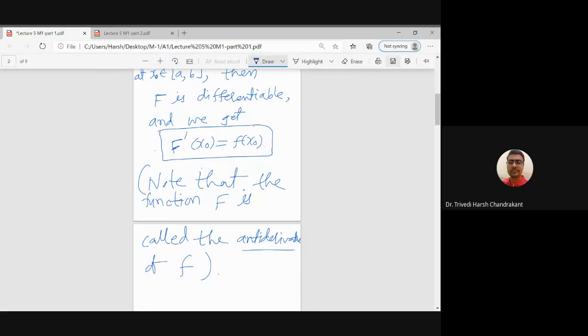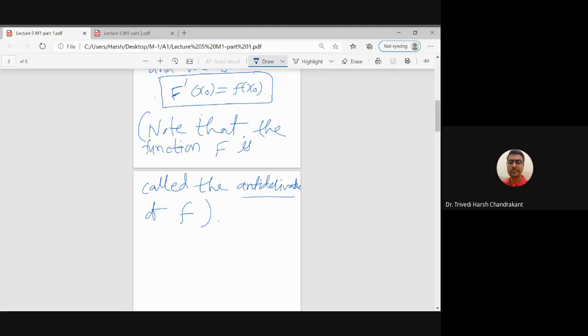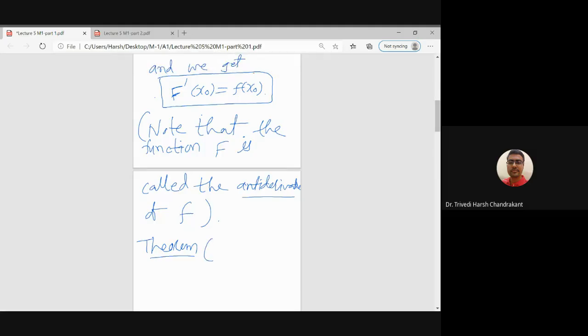Small f is given, and when we integrate it from a to x, we get the antiderivative of the function. So this is the first fundamental theorem. Now let us see the statement of the second fundamental theorem. Later on we will see some examples where we apply the first fundamental theorem.